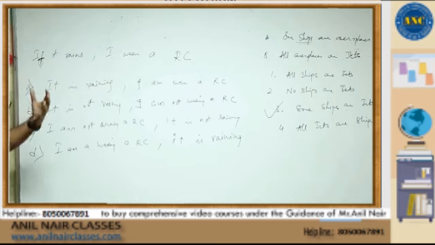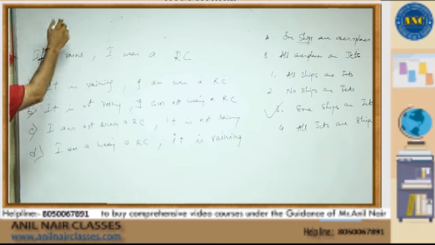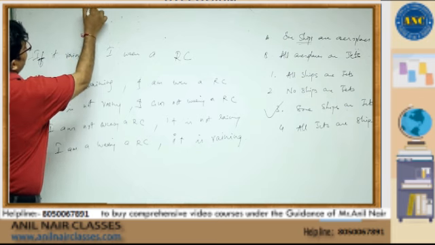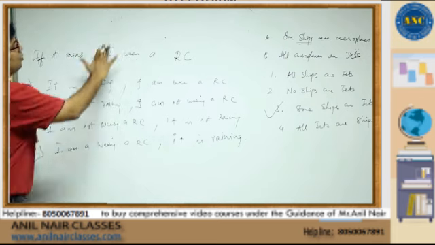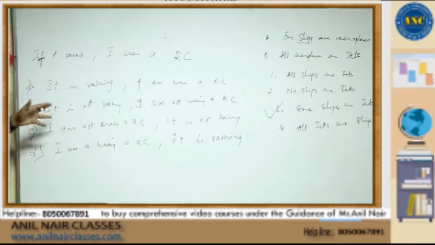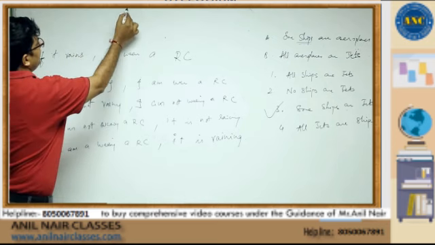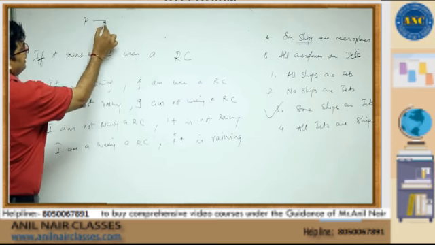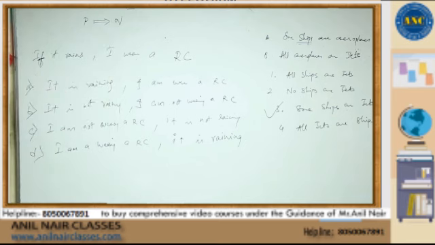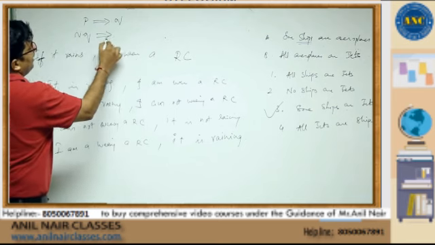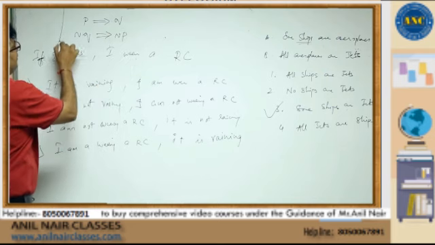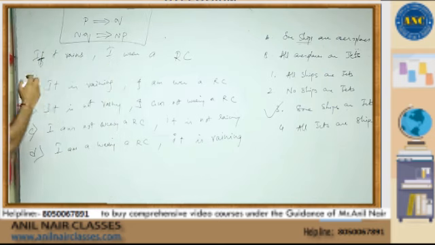So what I keep saying in this kind of questions is, if P then Q. The options are P, or Q, or negation Q. So instead of worrying too much about the statements, I would like you to look at it this way. If P then Q: if P happens, then Q will happen. P will imply Q, or negation Q will imply negation P. This is like cause and effect.